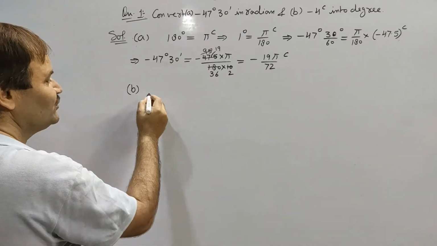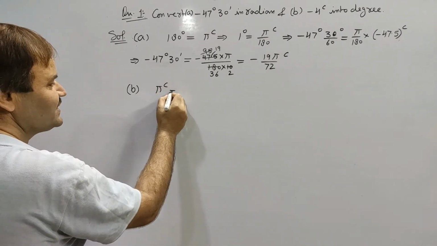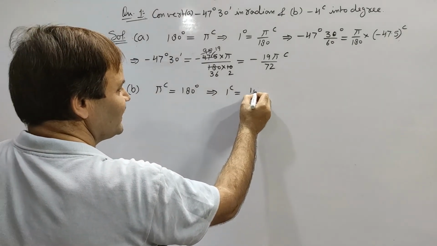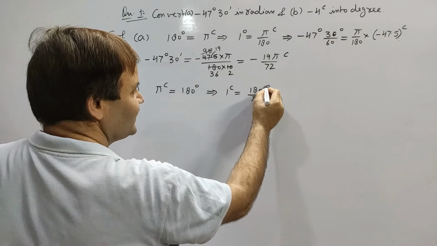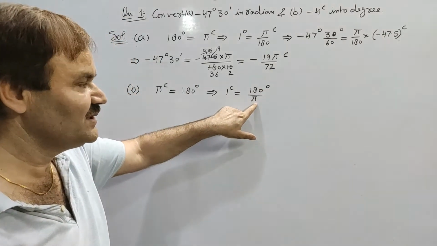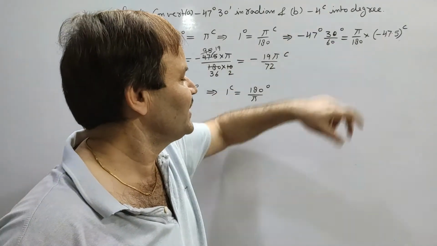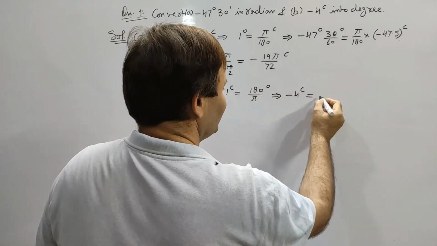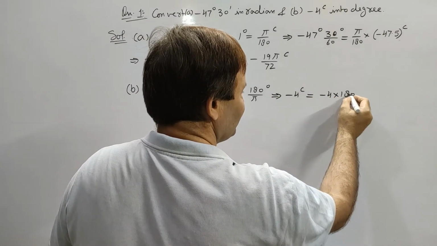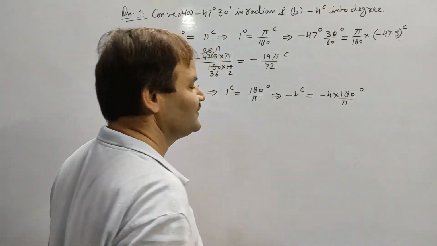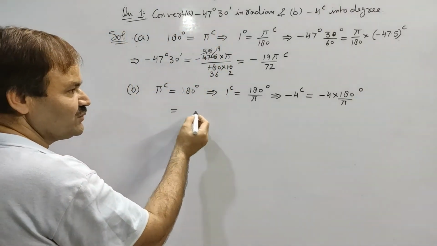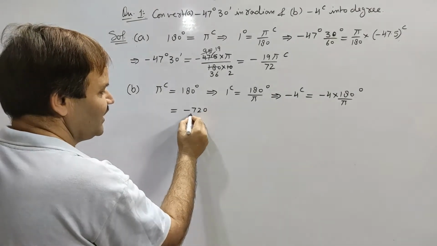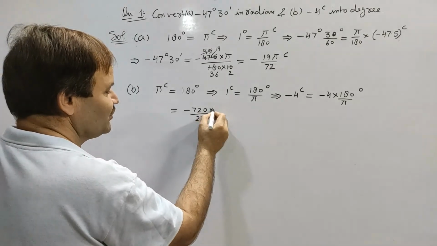We know that pi radian is 180 degree, so this implies 1 radian will be 180 by pi degree, and if 1 radian is 180 by pi degree, then minus 4 radian will become equal to minus 4 into 180 upon pi degree, and this is equal to minus 720 upon 22 by 7 degree.